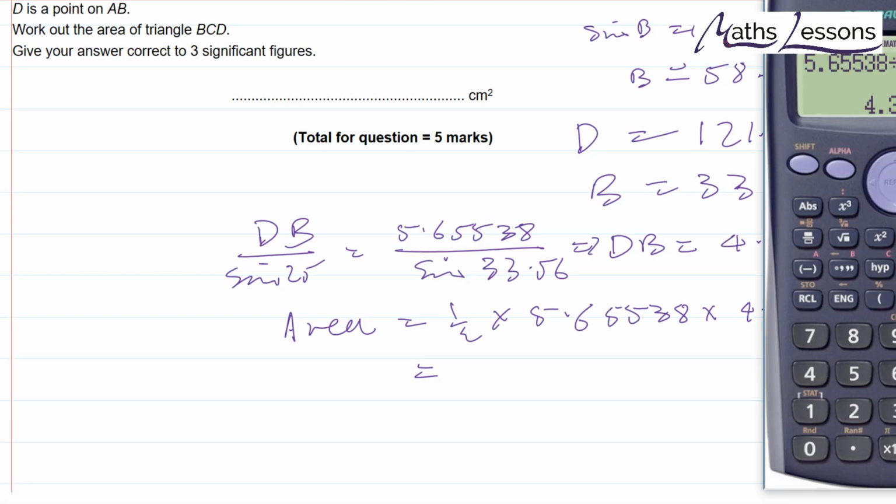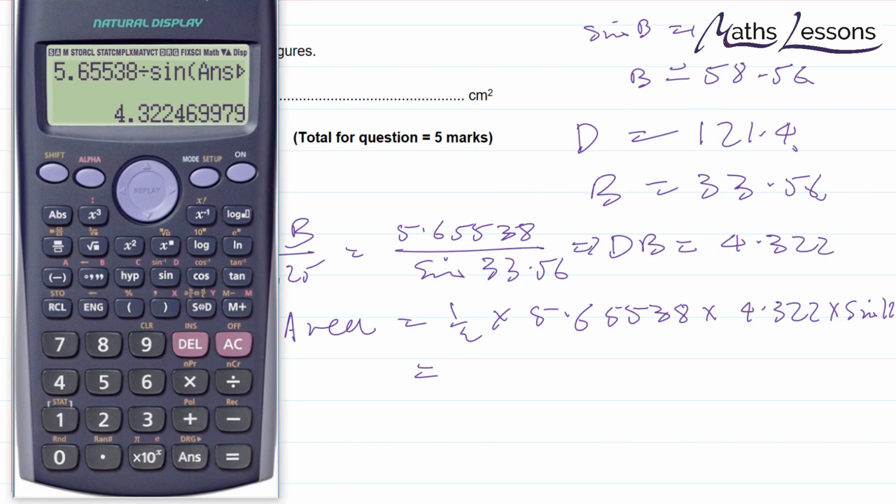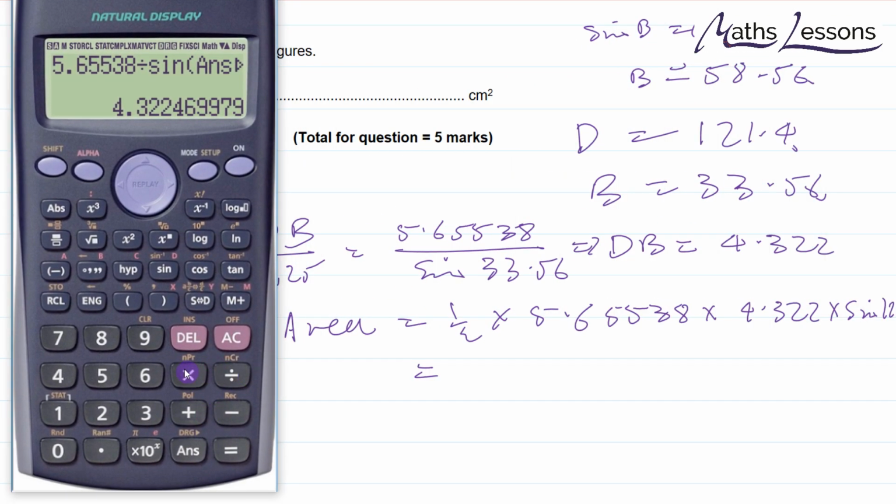Okay, so let's put that all into our calculator. So I've got this side 5.65538 times 0.5, and also times sine of 121.4. Hopefully I've done this accurate enough.